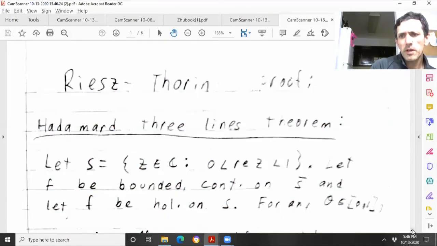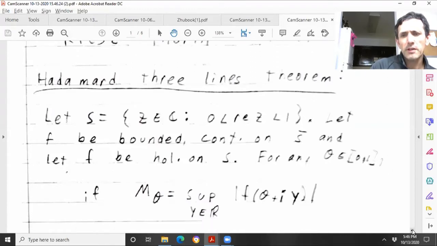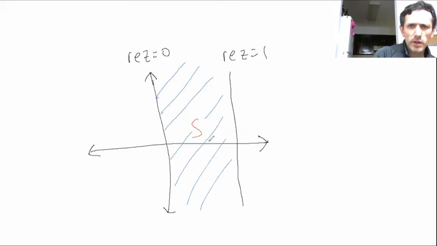So the claim is that if M theta is the sup of F on some line in the strip, the line being the real part of z is theta, so I'll just draw a line corresponding to M theta. So let's say we have theta here.